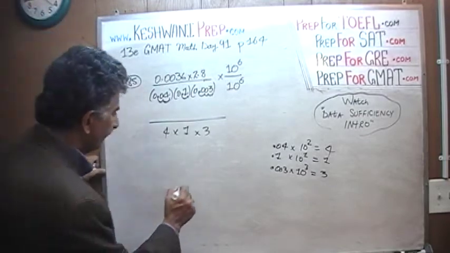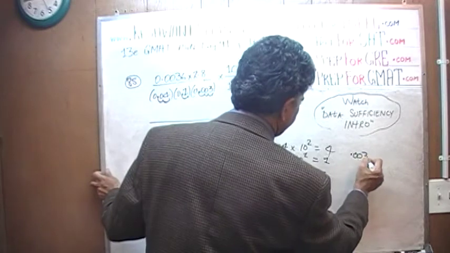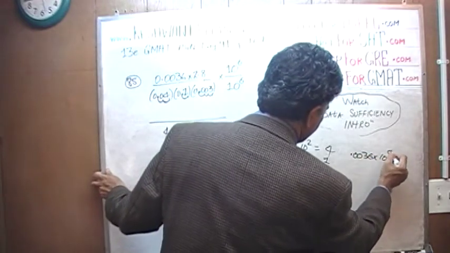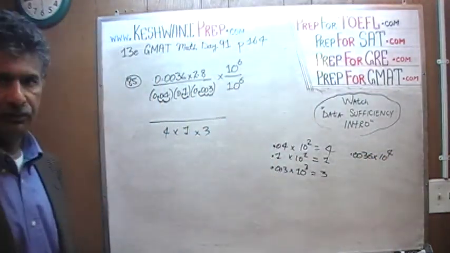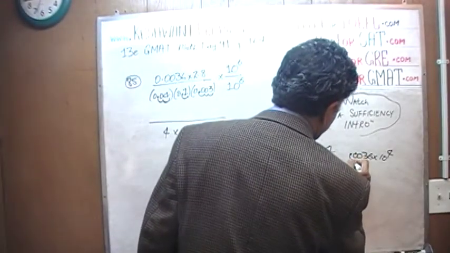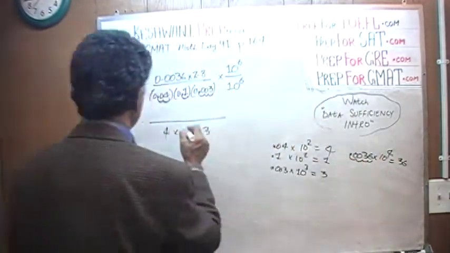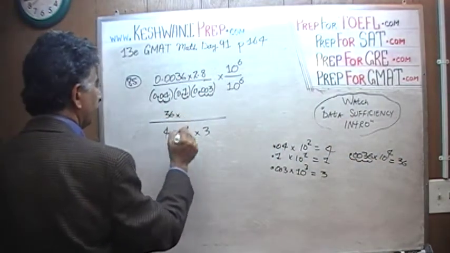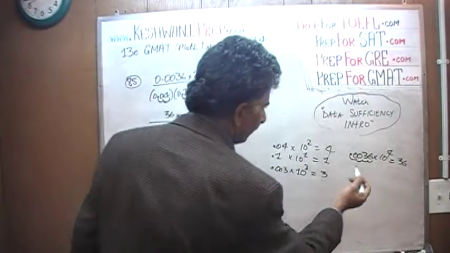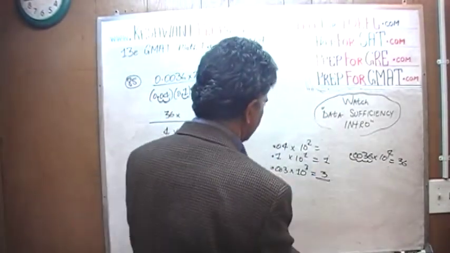On the top we have 0.0036 times 10 raised to 4, which is going to move the decimal 4 places, 1, 2, 3, 4, and that's going to give us 36. And then we have 2.8. Since this is 10 raised to 4 and here it is 6, it should be 2.